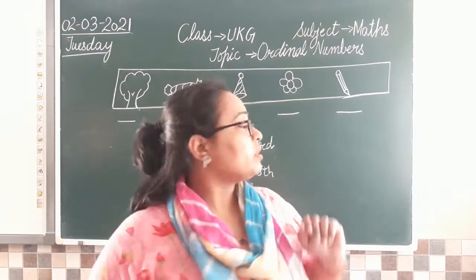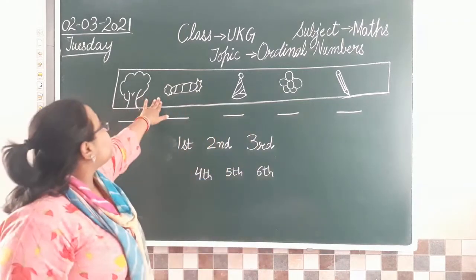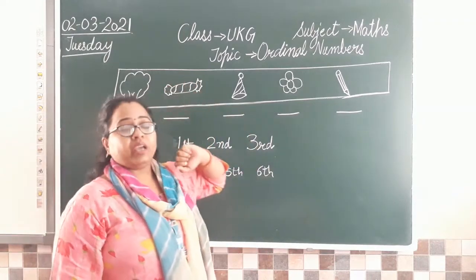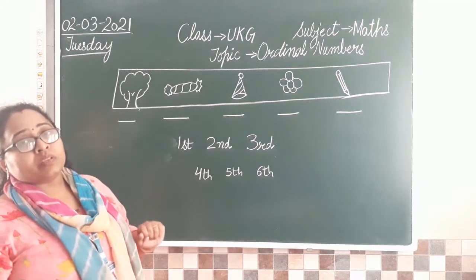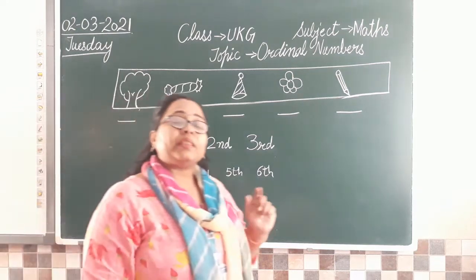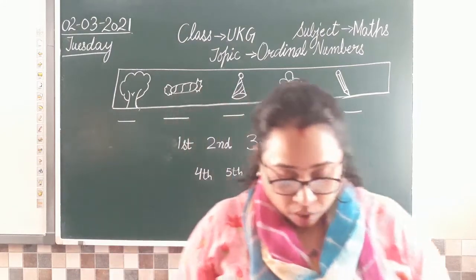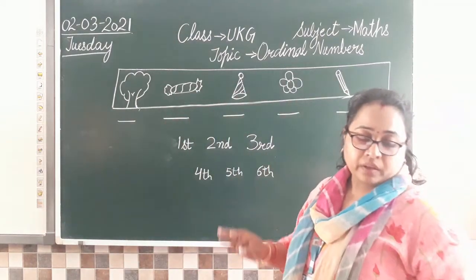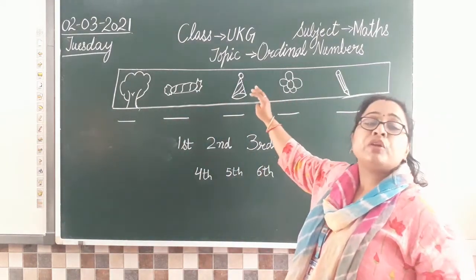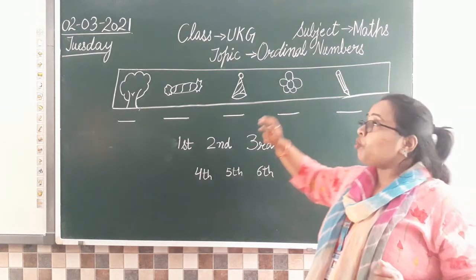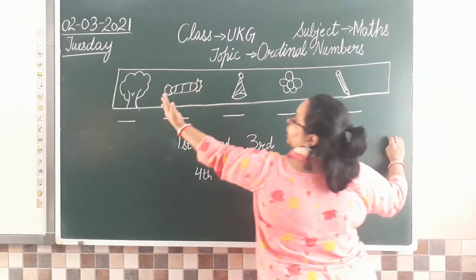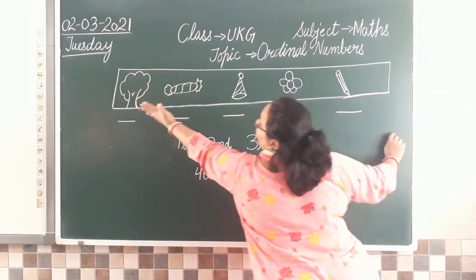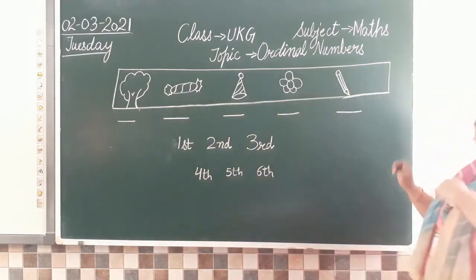Now if you are given pictures in this way and you are asked to tell the ordinal numbers, you will always be told from which object you have to begin the line. See, first can be this one too, if we write it in this way. Clear?